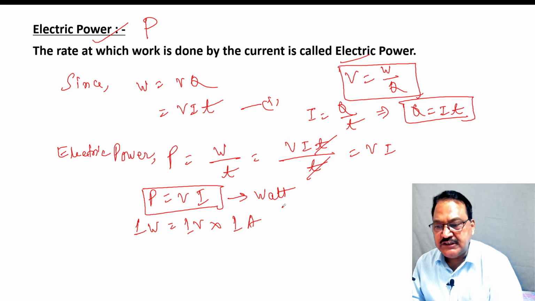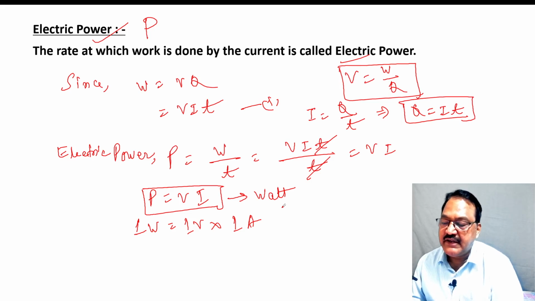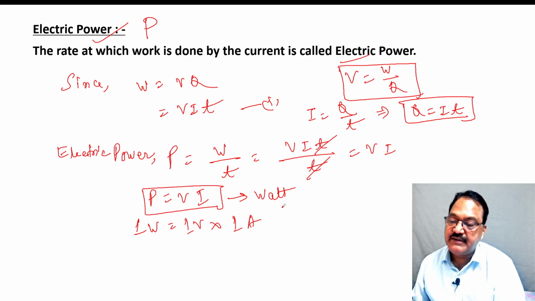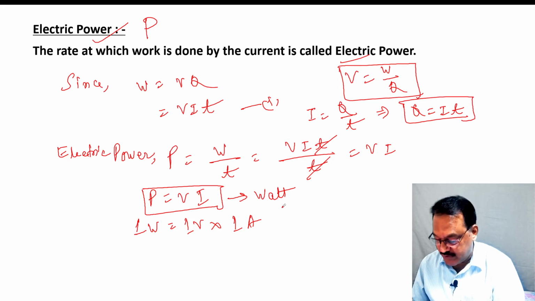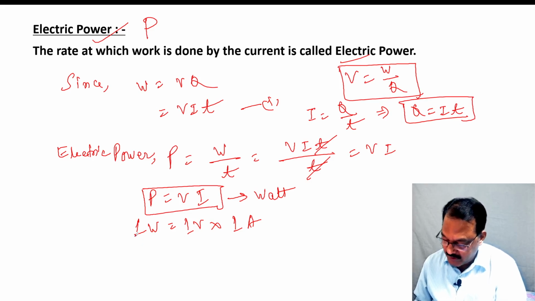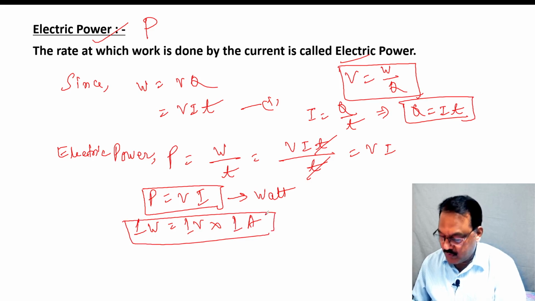If a potential difference of 1 volt is maintained in the circuit and 1 ampere of current is flowing in that circuit, then the power of that circuit is said to be 1 watt. So here we have already seen 1 volt multiplied by 1 ampere is equal to 1 watt, right?